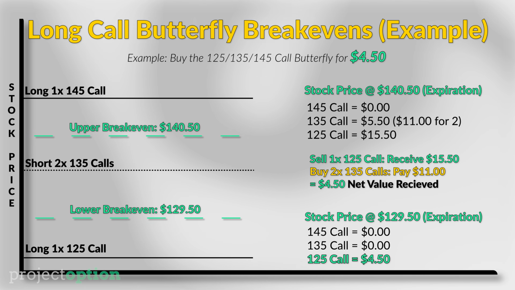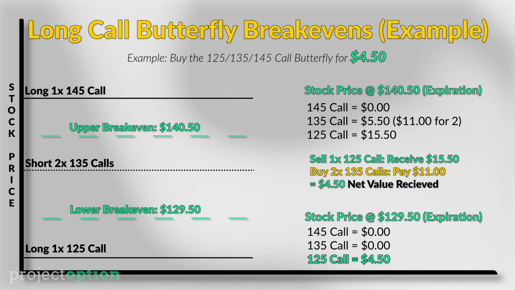But with the stock price at $140.50, the short 135 calls that I have, they have $5.50 of intrinsic value each. And since I'm short two of them, we could say that I am short $11 worth of intrinsic value. And the 145 call at expiration will be worthless because with the stock price below that 145 price level, the 145 call option will not have any intrinsic value.